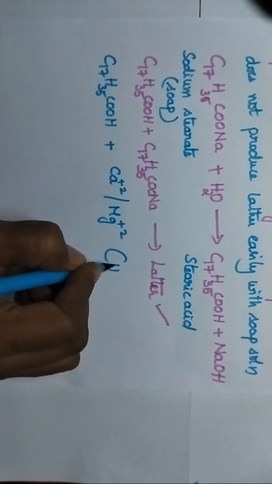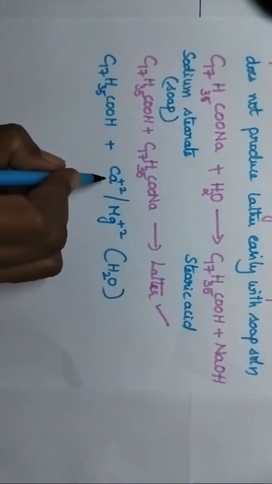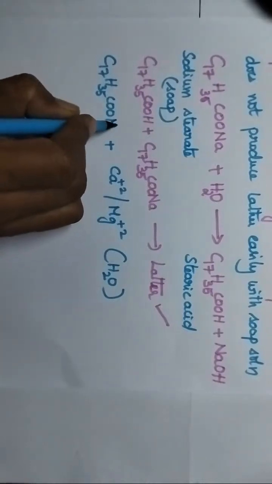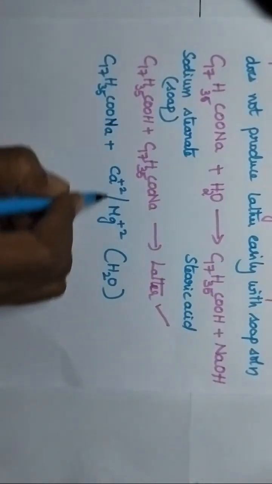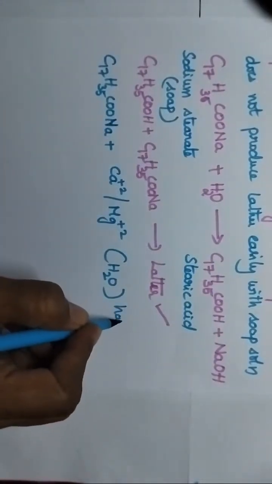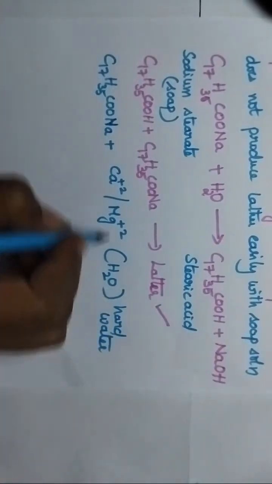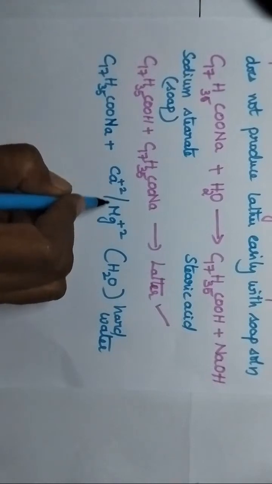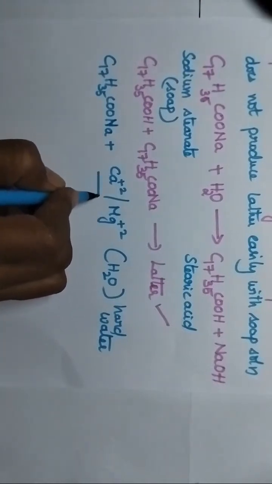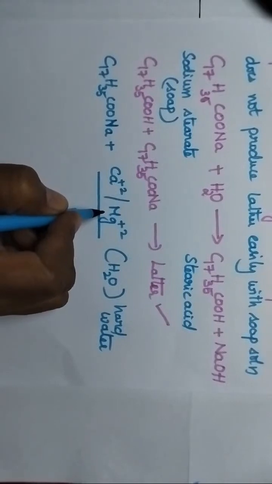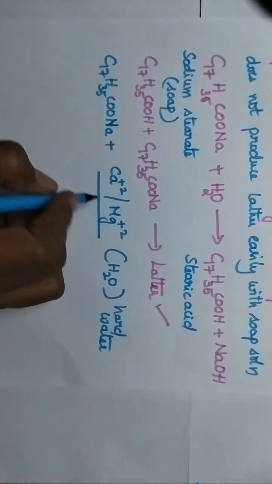In that hard water, dissolved calcium or magnesium salts will be present. These dissolved calcium and magnesium salts are responsible for the hardness.